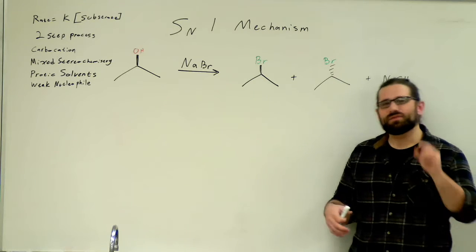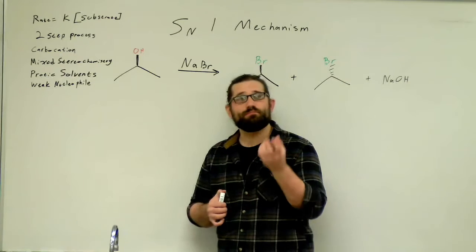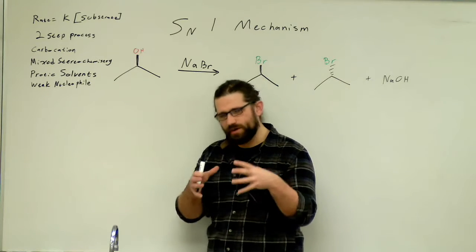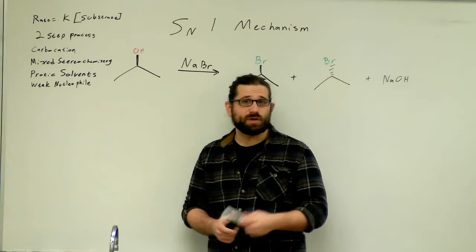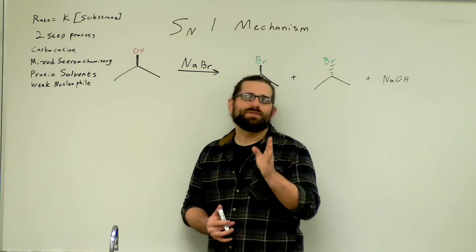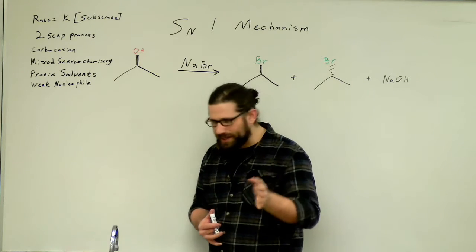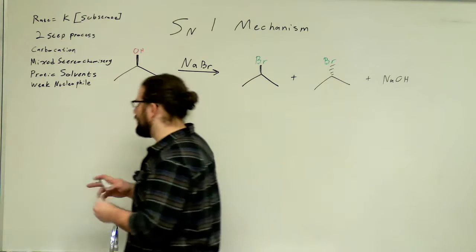And the last thing that we really need to look at here is the main barrier for the SN1 mechanism being able to occur. And we can identify that by looking at that two-step process, that second step. That second step is that carbocation.